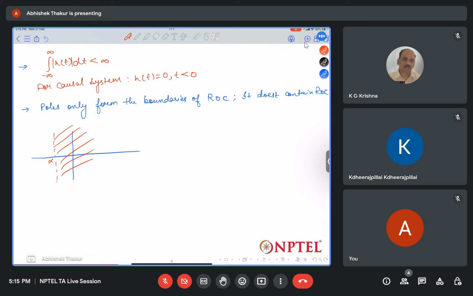In that case, if the region of convergence contains the j omega axis, then the signal is stable. We'll solve some questions and then we will see.